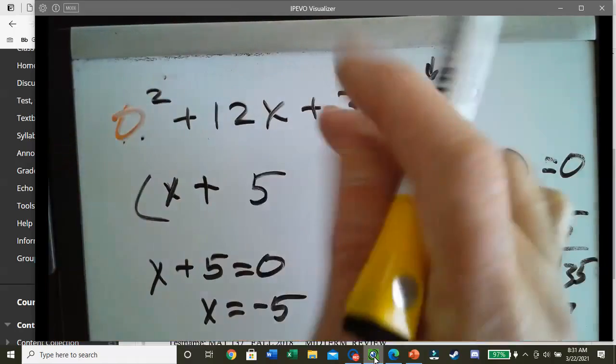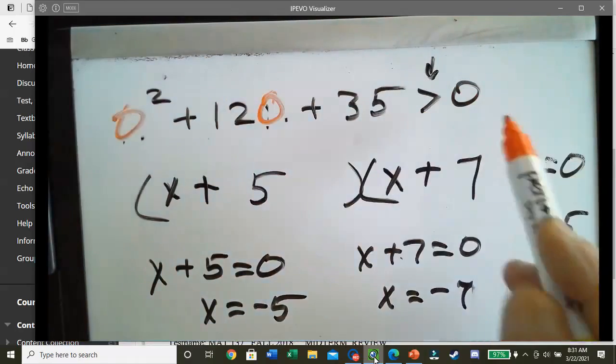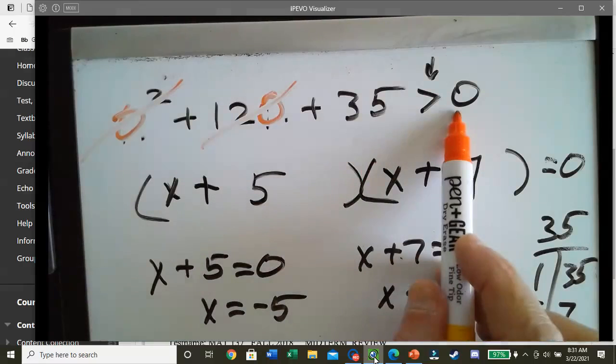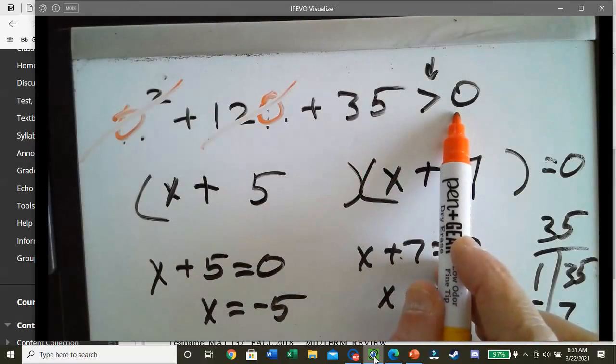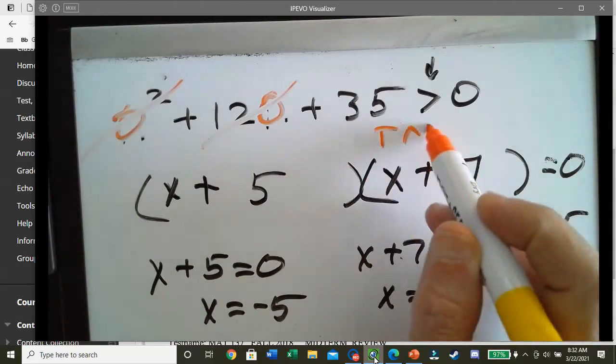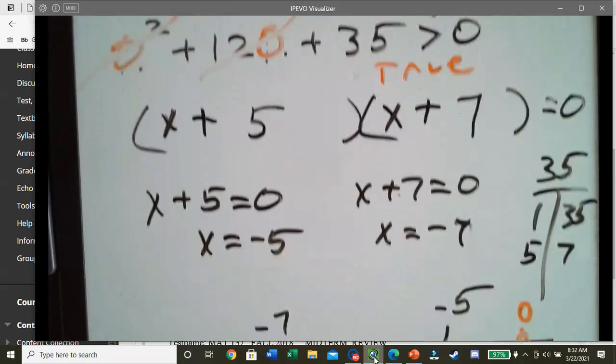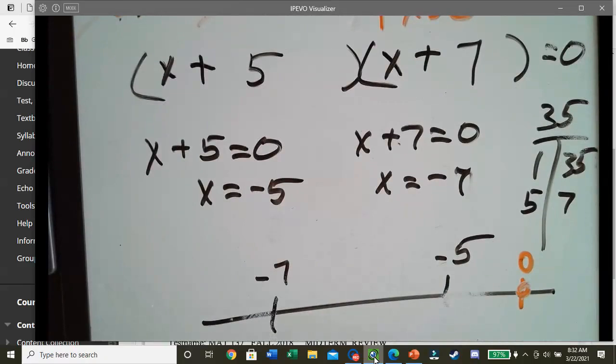So you can just look at this, right? Put 0, 0, and we know that these cancel, right? They go to 0. So we ask ourselves, is 35 greater than 0? Is that true? Yeah, it is. That's true. So what is that telling you? That 0 is part of the solution, right?